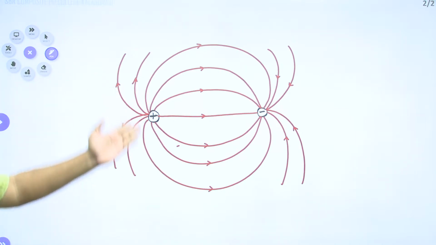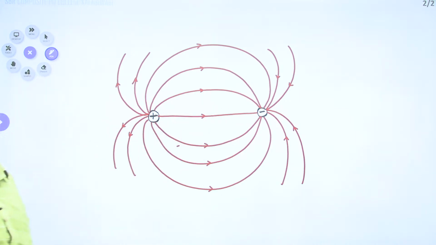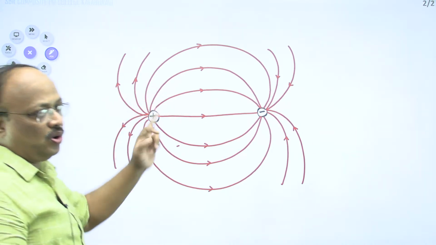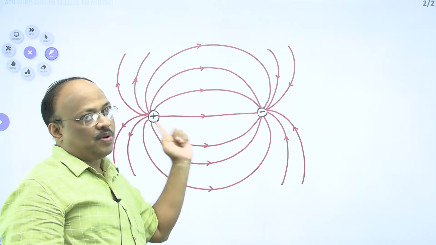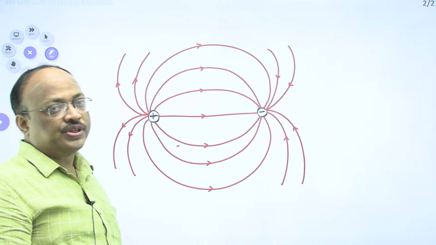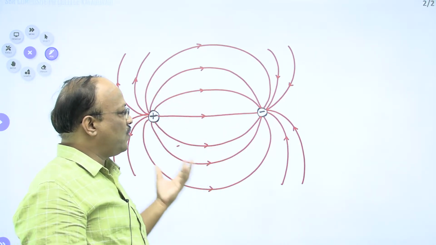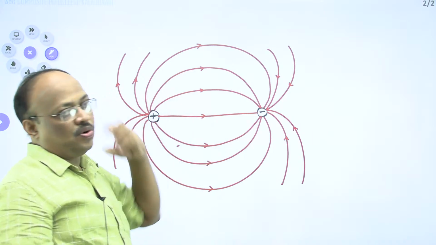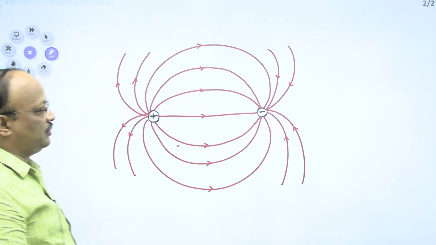So they may ask you, for a positive and a negative charge, how will the electric lines of force be? We even say it is a dipole. I'll come to that later. A positive and a negative charge, we say it is a dipole. They'll ask you to draw the electric lines of force for a dipole. It will be like this.